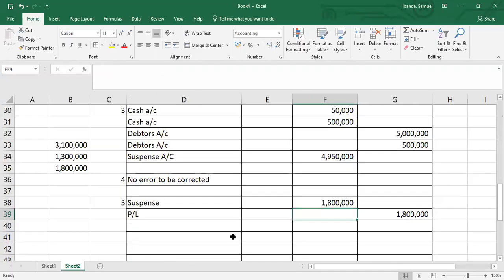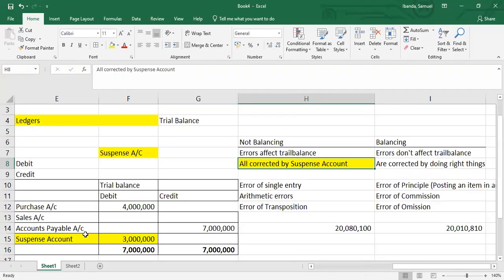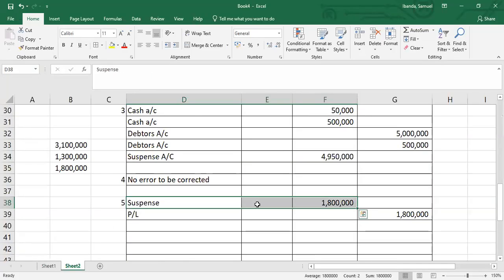That is why I didn't hesitate after I found out that I need to credit my P&L with 1.8. Definitely the alternative account that came to my mind is the suspense account. By us making such an error, it affected our suspense account this way, so we need to correct it by debiting it.